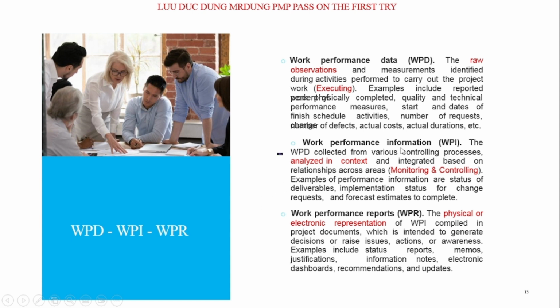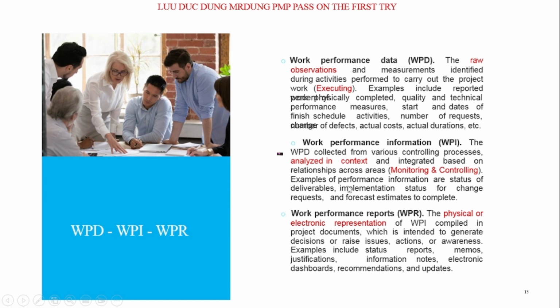And for work performance information, the work performance data is collected from various controlling processes, analyzed in context, and interpreted based on relationships across areas, monitoring and controlling.